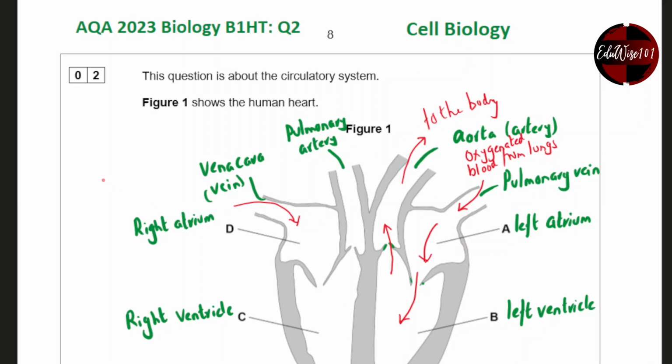So deoxygenated blood from the body fills up the right atrium, goes past the valves, fills up the right ventricle, goes past these valves and out to lungs.